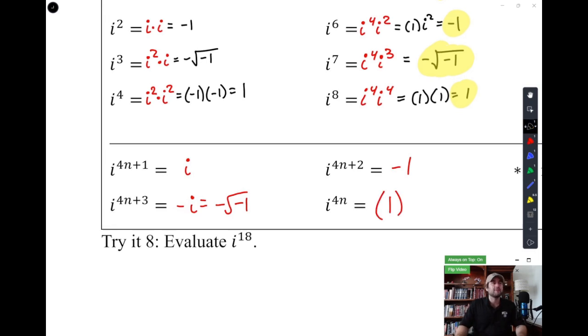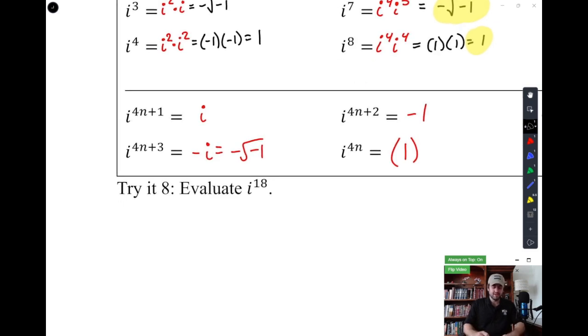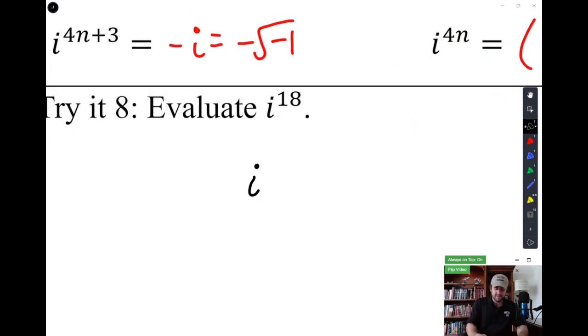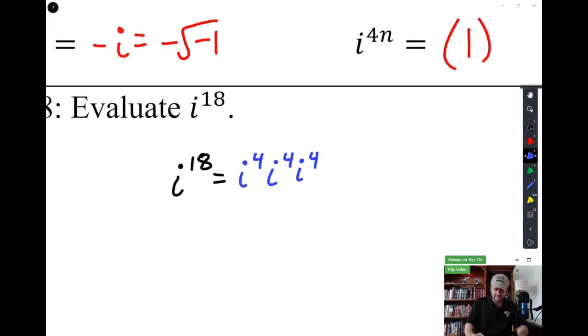And so how can you use this to your advantage? You can take i to the 18th and say, well, I'll make it as i to the fourth times i to the fourth, that would be i to the eighth, times i to the fourth, that would be i to the twelfth, times i to the fourth, that would be i to the sixteenth, because 4 times 4 is 16. So what's left over? This is where the cyclical power happens, i squared.